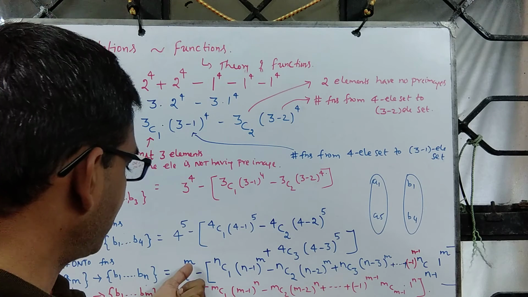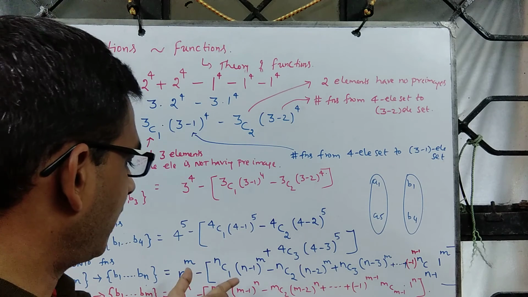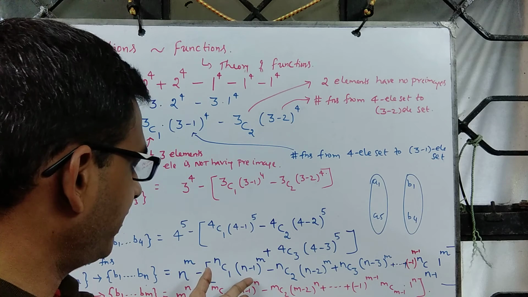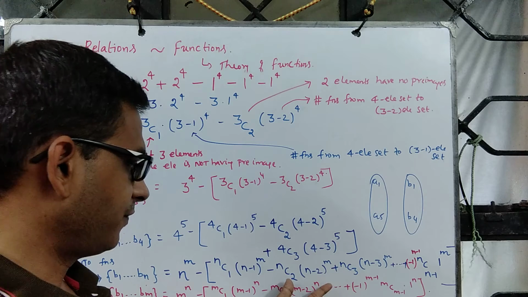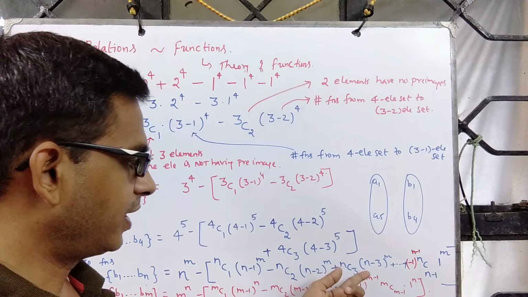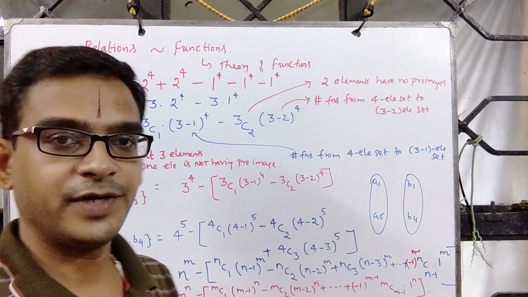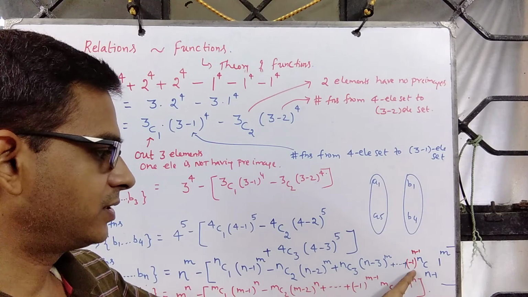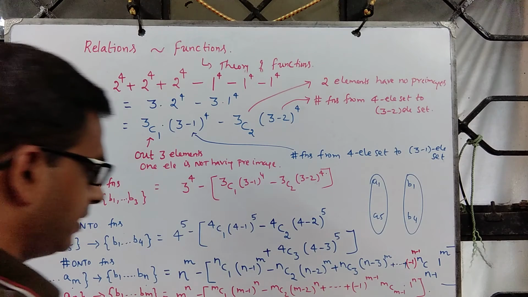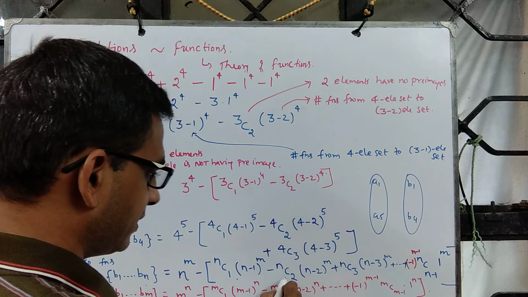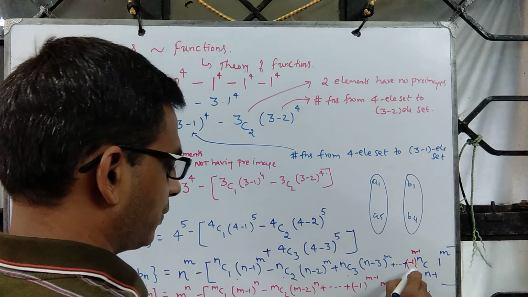Cardinality of B to the power cardinality of A, and one element in the codomain has no pre-image, two elements have no pre-images, and three, like that we alternate, which is why this factor is also there. Now you see that this is included, this is excluded, included, excluded.